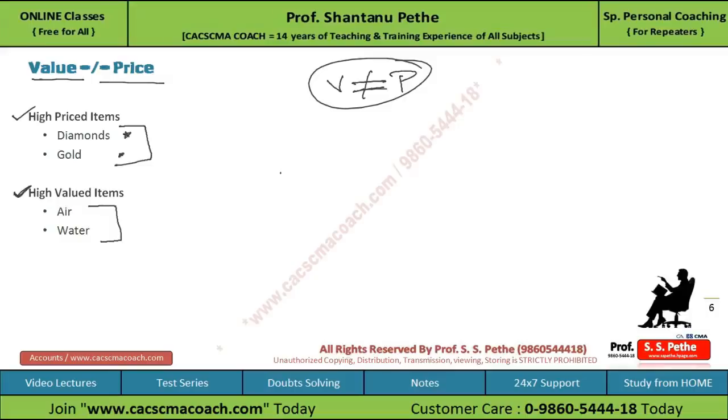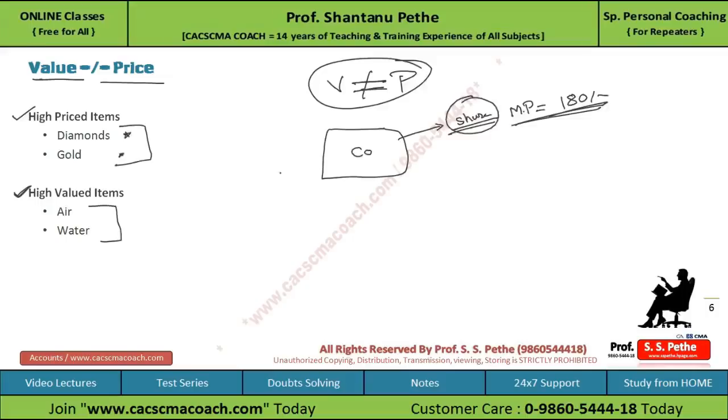Since we are studying the valuation of shares, suppose there is a company, and the market price of this company's share is 180 rupees. Now this is a market price, but the value of this share may be more or lower than this. Let's say the value of this share is 300 rupees, but the market price is 180 rupees.